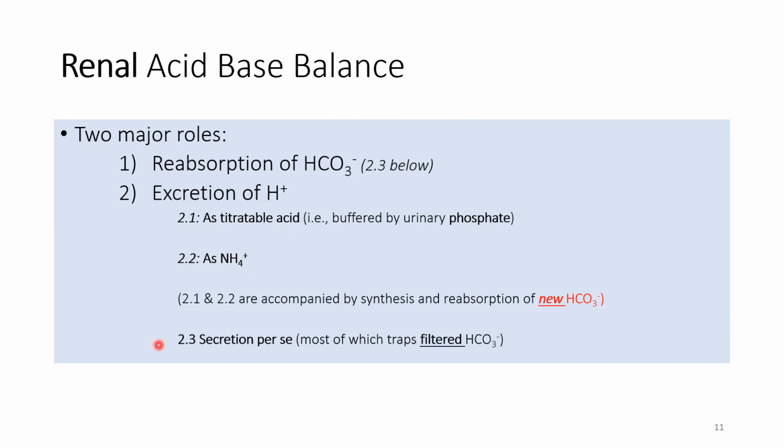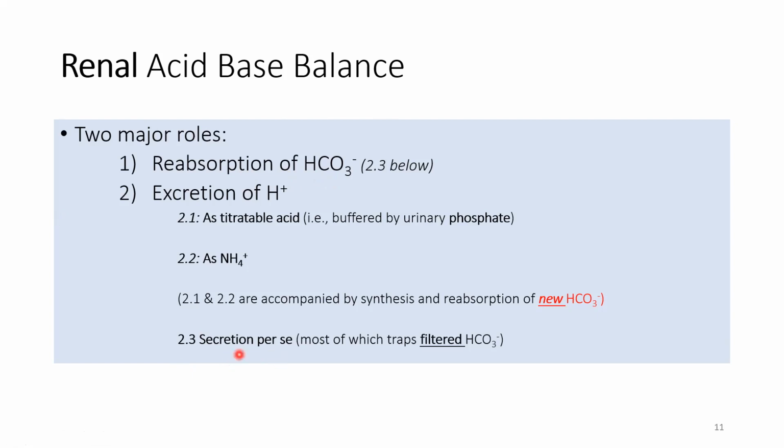So that's that. Number three is secretion of hydrogen per se in free form. And out of this free form, most of the hydrogen is used to trap bicarbonate. You can imagine that you are fishing and you are using a rod with a bait at the end to attract the fish.